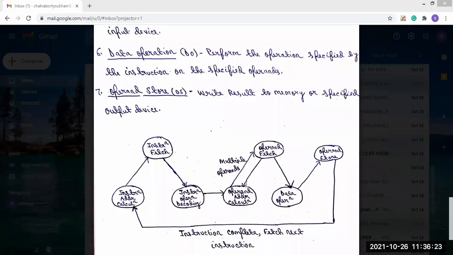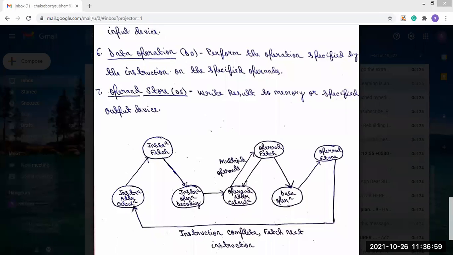This is very important, as in the exam it is given to state the instruction cycle. So you should do only one thing: these seven states, you write the names as points, and after that describe each state, and you give the diagram, so it will be clear to everyone.